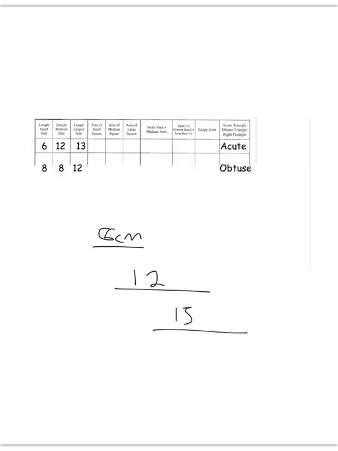If I put those three side lengths together, the question becomes, what kind of triangle is it? Acute, obtuse, or right? You already see that it's going to make an acute triangle, as I had to pre-type that in. But here's what we're going to do.